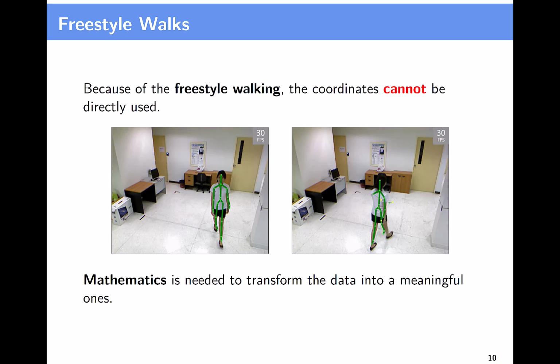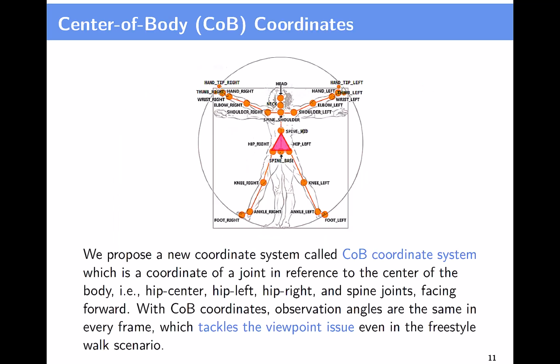And this work, as mentioned before, focuses on freestyle walking. Here, it means that the coordinates of the walk cannot be directly used. We need a mathematical formula to transform the data into a meaningful one. And we have proposed a coordinate system called the center of body or COB coordinate system.